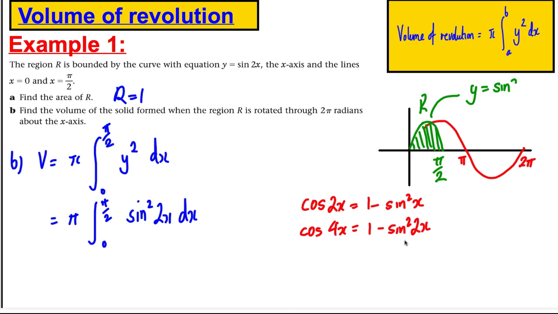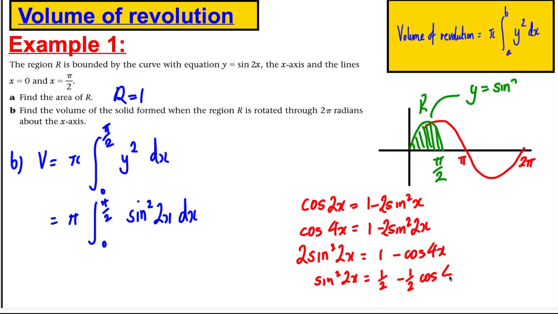Okay, so making sine squared 2x the subject, so therefore 2 sine squared 2x is going to be 1 minus cos 4x, and therefore sine squared 2x is equal to a half minus a half cos 4x.